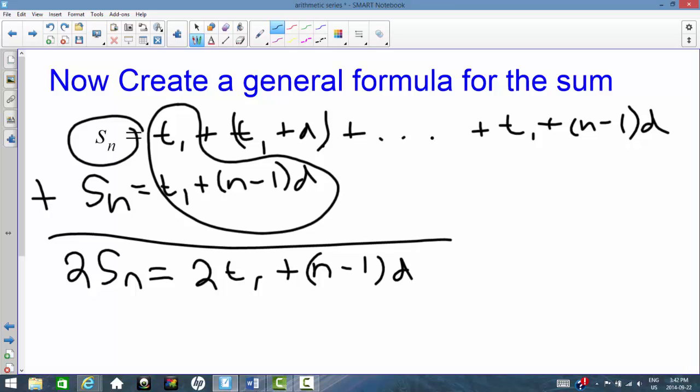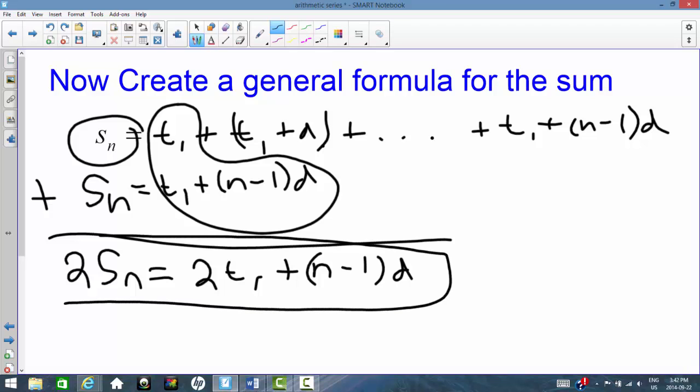Now this is the formula, but we just have to rewrite it. We also have to take this sum that we did and multiply it by how many terms there are, like we always did in the last one.